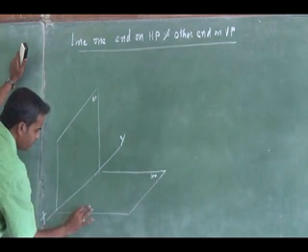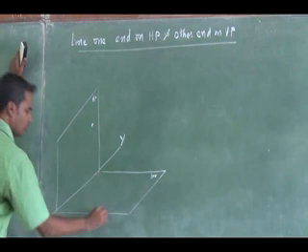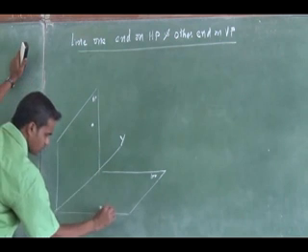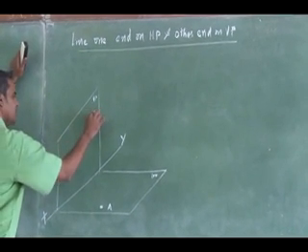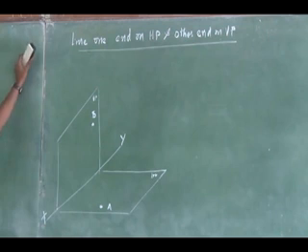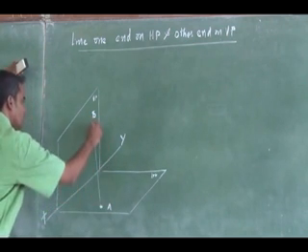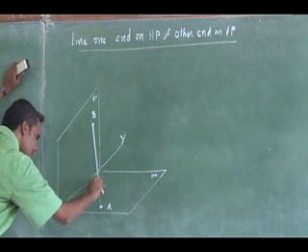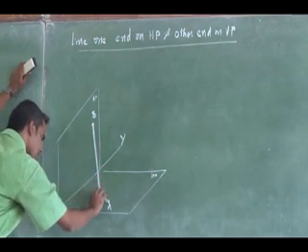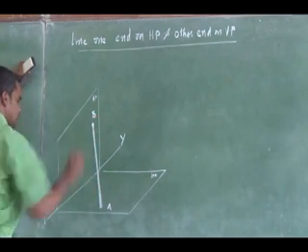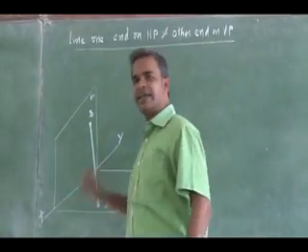So I have one end A on HP, and another end B on VP. Right? The actual line will be like this. You see, a line like this.